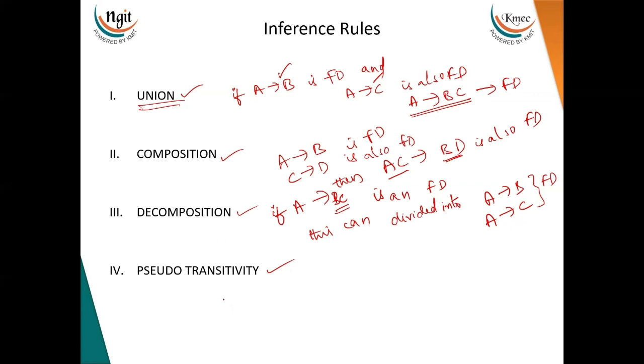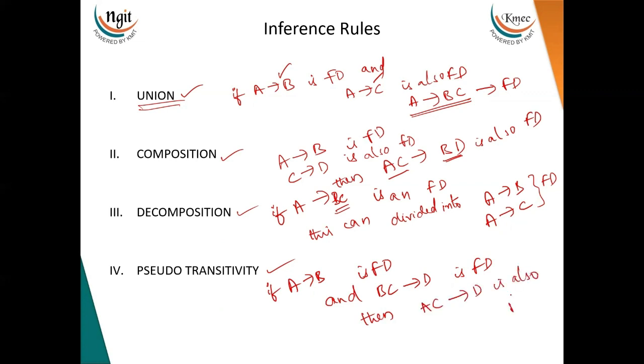Coming to pseudo-transitivity. Here, if A tends to B is functionally dependent and BC tends to D is functionally dependent, then we can say that AC tends to D is also functionally dependent. What do you mean by this? Here you can see A tends to B is functionally dependent, right?